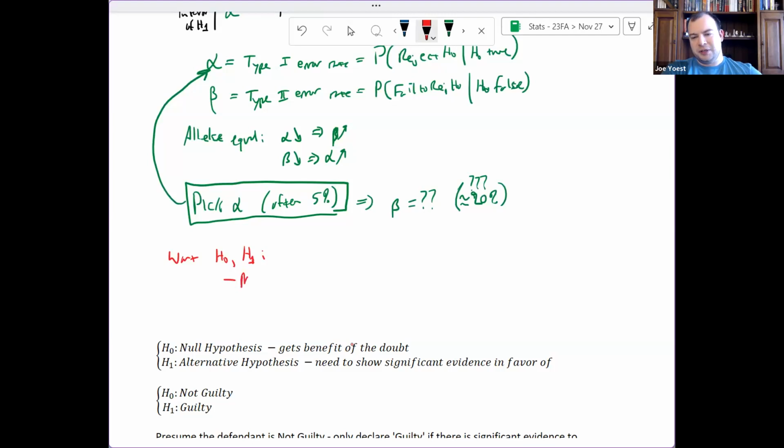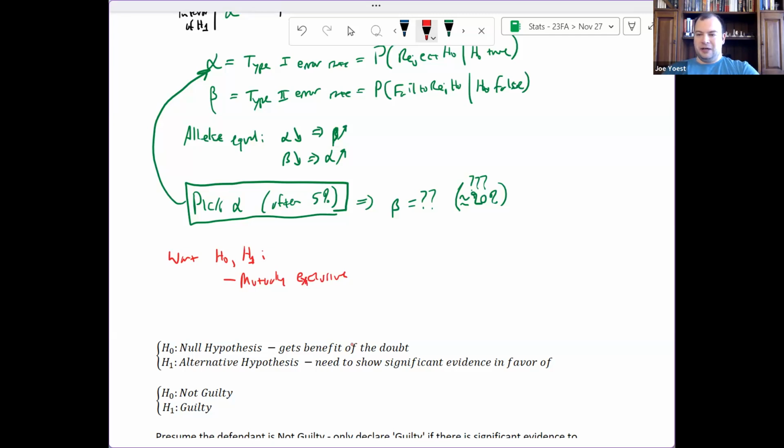We want them to be mutually exclusive. In other words, I don't want there to be any possible scenario where H0 and H1 are true at the same time, right? I don't want my laws to be such that a person is simultaneously guilty and innocent of breaking the same law in light of the same action.